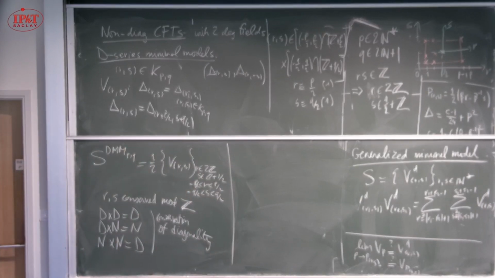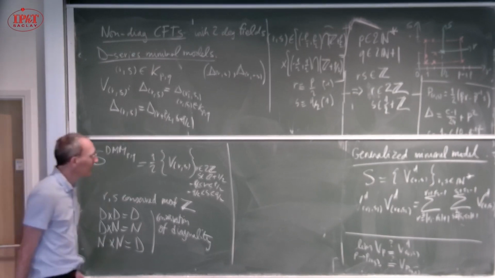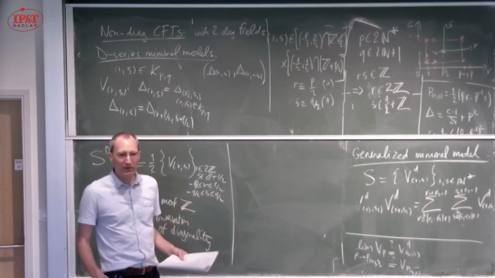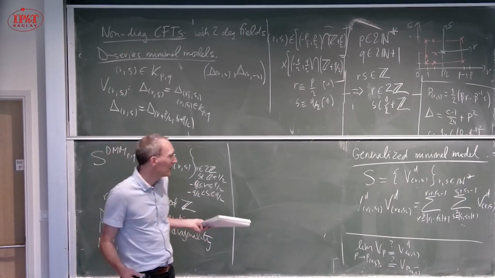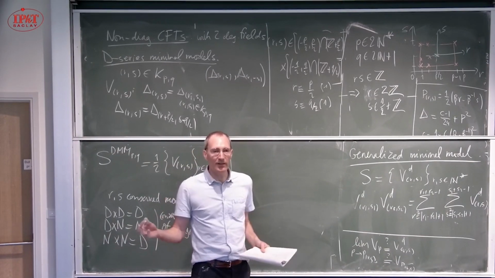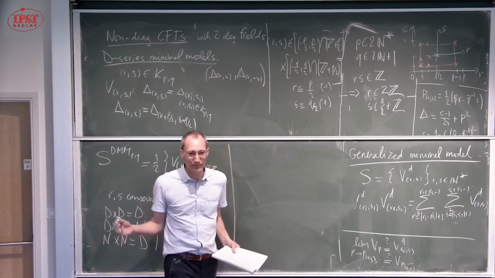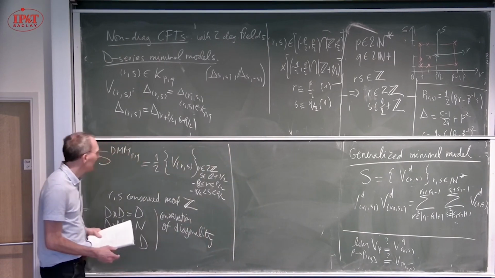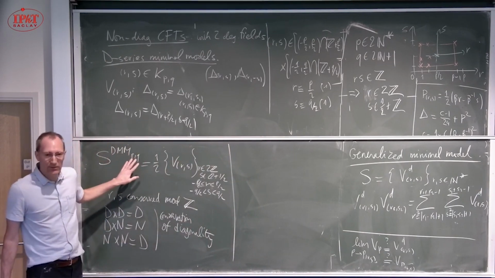So what does it mean that a field is diagonal, that S is 0? Right. A diagonal field, in this context, is just one of the fields of the A-series minimal model, if you want. So a field in the Kac table with the same left and right dimensions. But for the moment, I did not say which of these fields belong to this model.